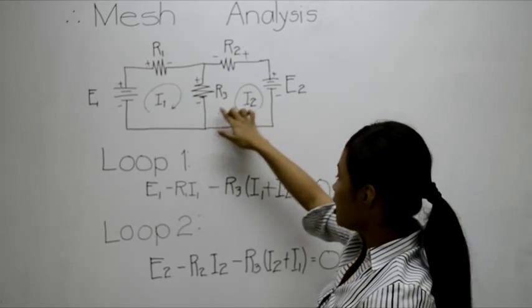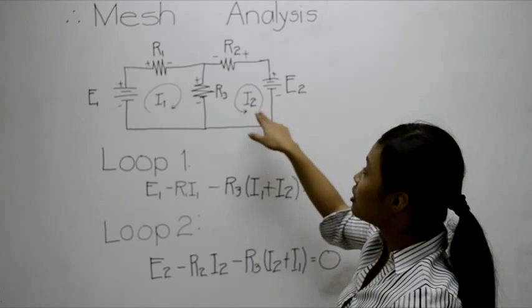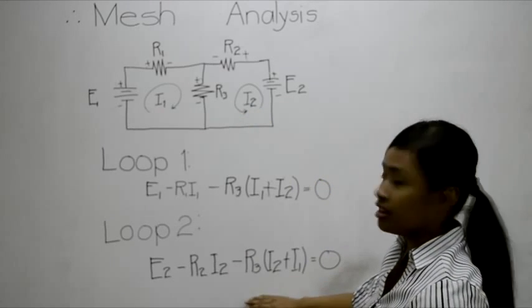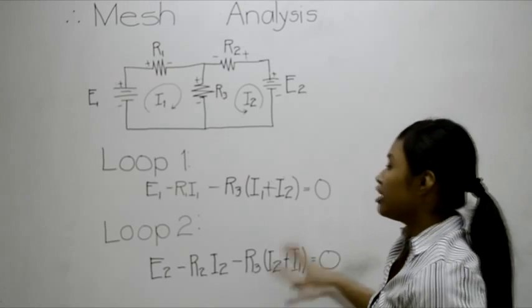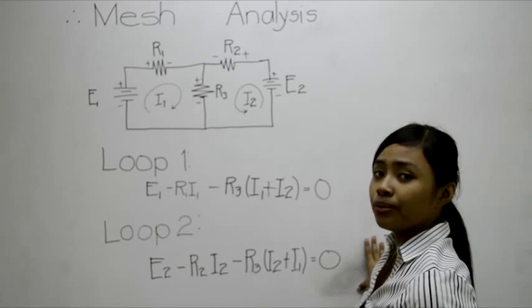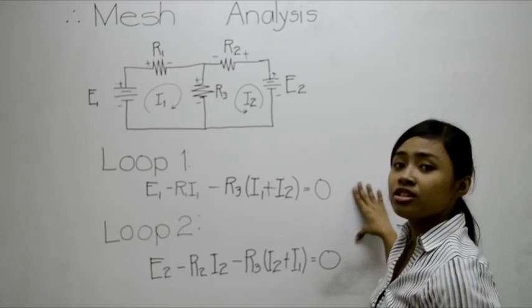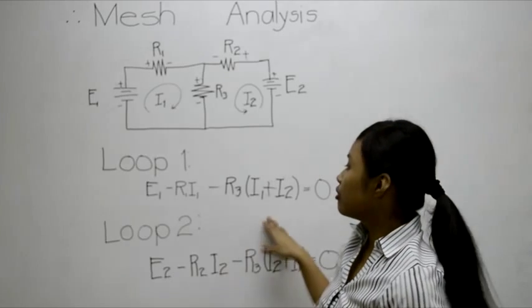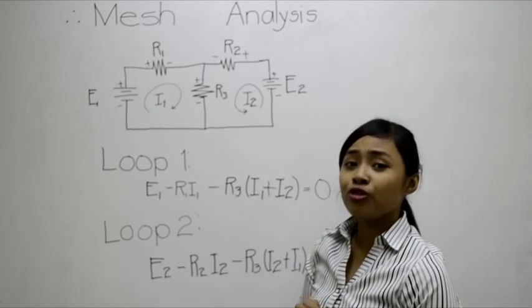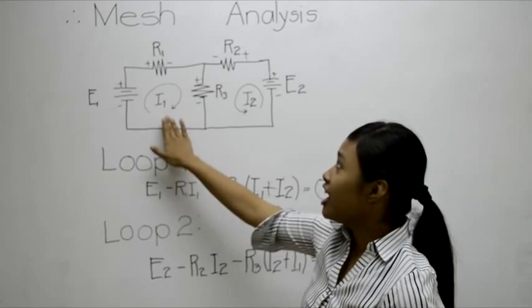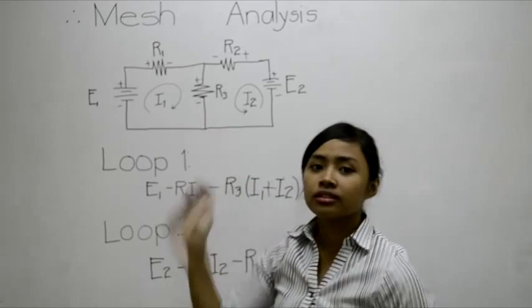Also, since the direction of my loop is going downwards, it will also become a negative. So here, we already formulated the equation on loop number 2. Now, using these two equations, we can solve for the value of current number 1 and current number 2.